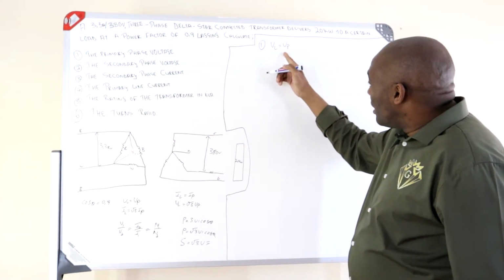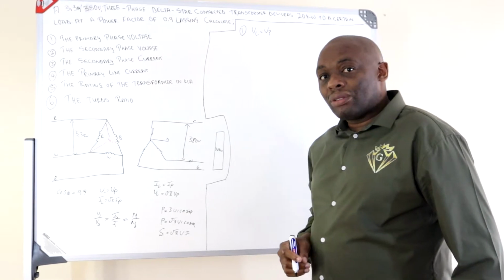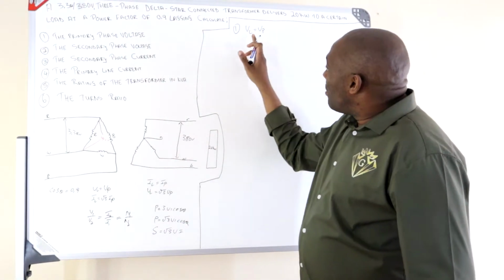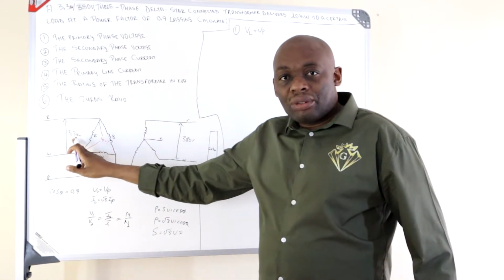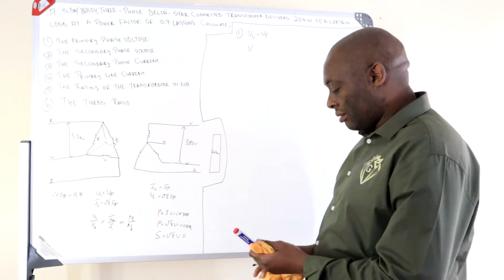We do have our V line here, which is 3.3 kV.